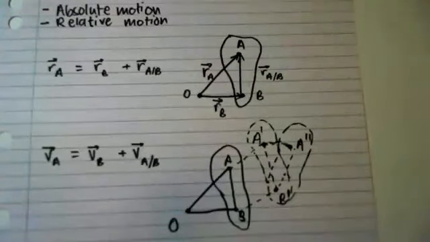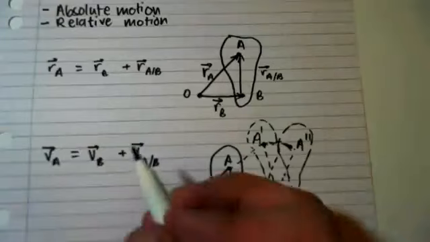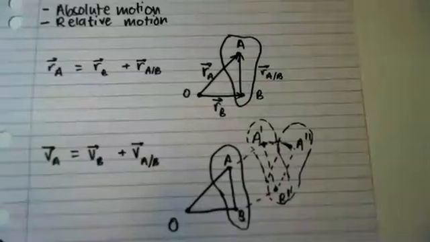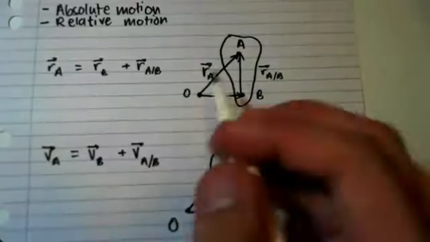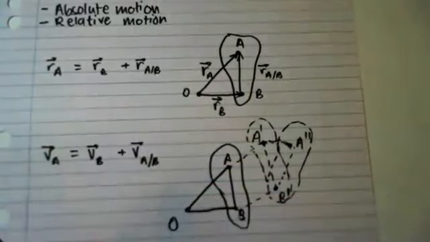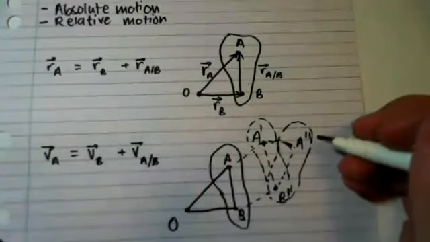Another thing we can also look at is an instantaneous center of zero velocity, but we're going to do that in the next video. Like I said, relative motion may be broken down into components like translation and rotation by using vectors that define both the translational motion, which is this term in here, and the rotational motion, so the relative velocity of one point with respect to another point.